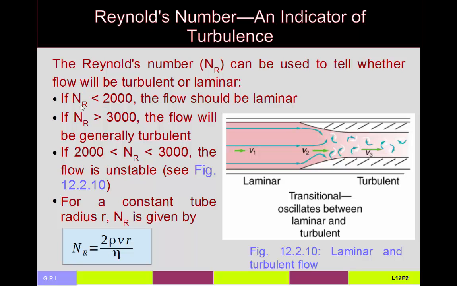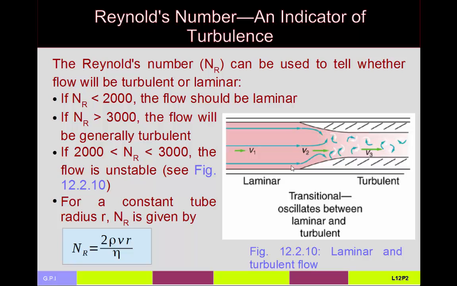What we find is that usually if the Reynolds number is less than 2000, you're going to have a laminar flow, provided of course that there's no obstructions. If the Reynolds number is greater than about 3000, then the flow is going to be turbulent for the most part. And somewhere between 2000 and 3000, the flow starts to become unstable. It means it starts transitioning from laminar to turbulent flow.